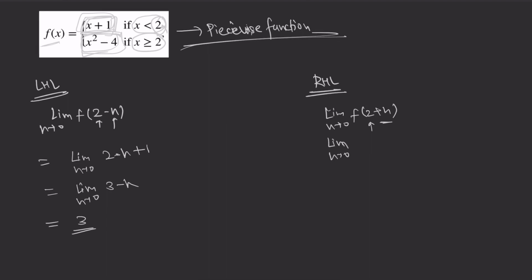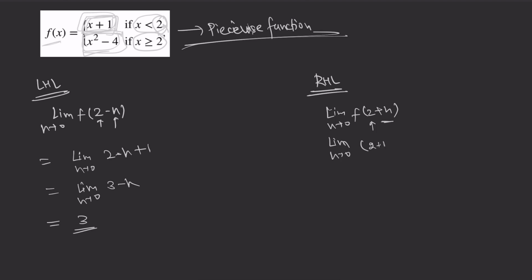Limit h tends to 0, (2 plus h) square minus 4, which is limit h tends to 0, 4 plus 4h plus h square minus 4. It will be limit h tends to 0, 4h plus h square, which is equal to 0 as I put h equal to 0 here.